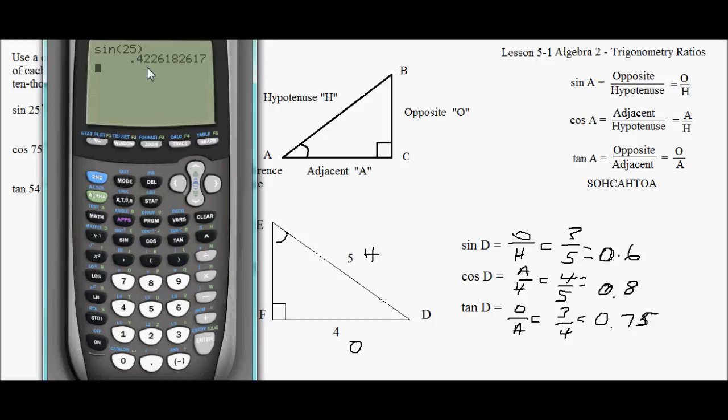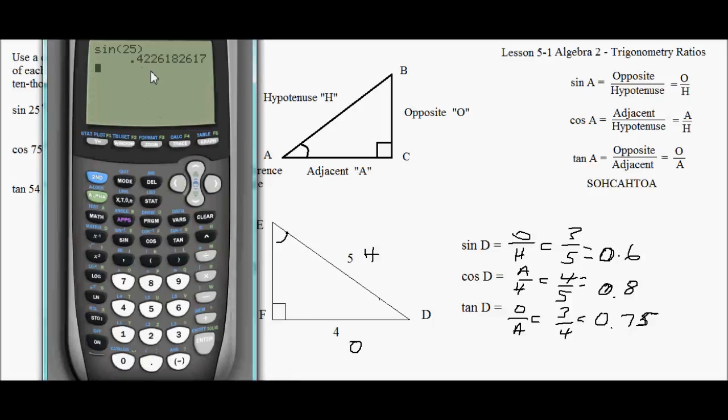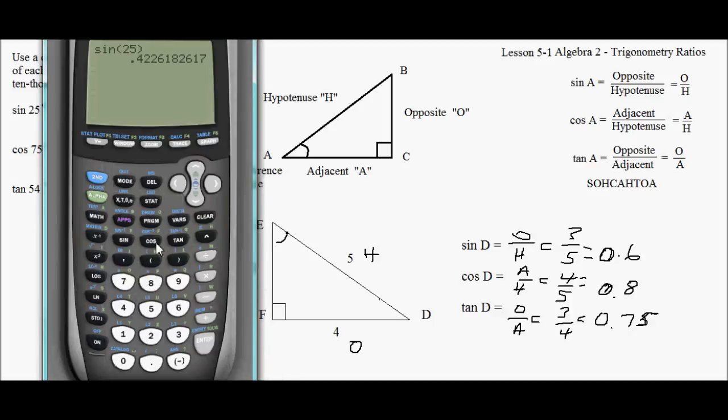I get this big number, and usually we round to four decimal places: tenths, hundredths, thousandths, ten-thousandths. The sine of 25 is 0.4226. Then cosine of 75.